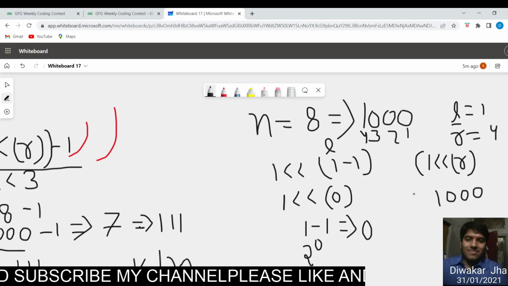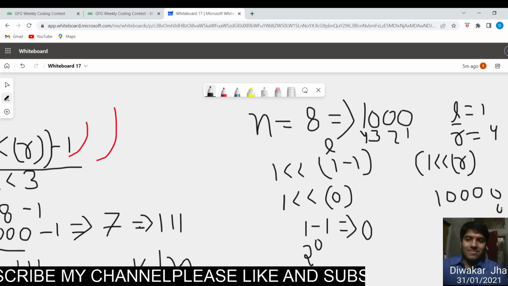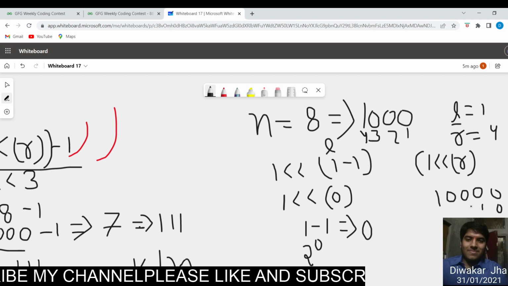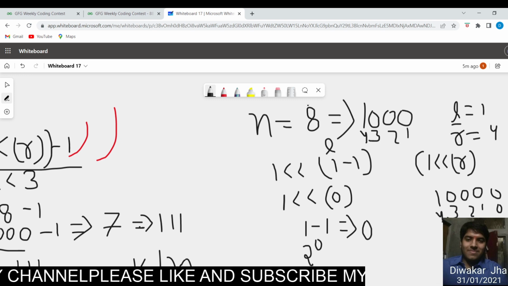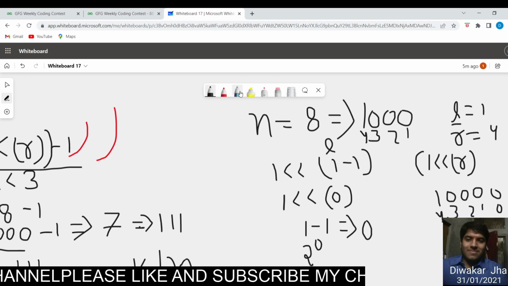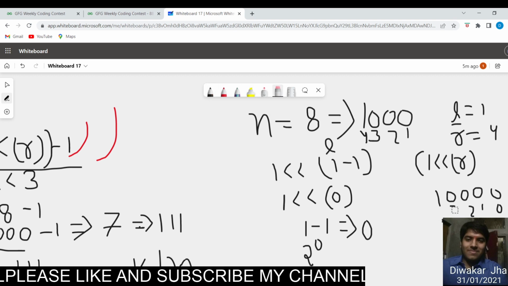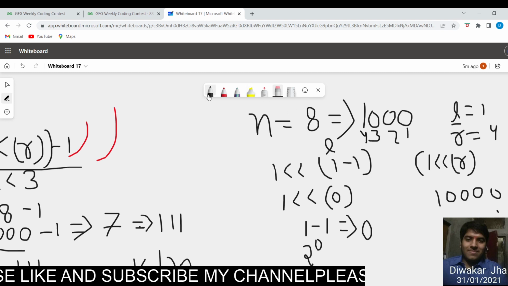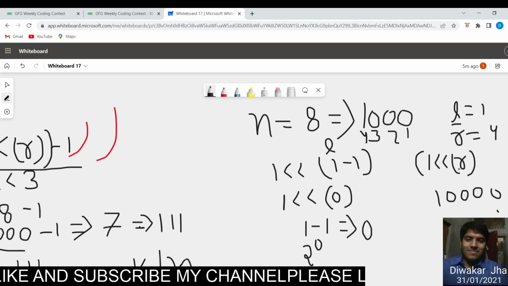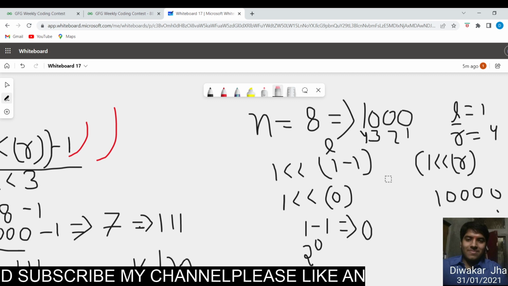Yeah, so this is the fourth time. This is the 0th time, this is the 1st time, this is the 2nd time, this is the 3rd time, and this is the 4th time. I hope you all understood very well. So this is the binary representation of the rth time left shifting of the value 1. I hope you all understood very well.